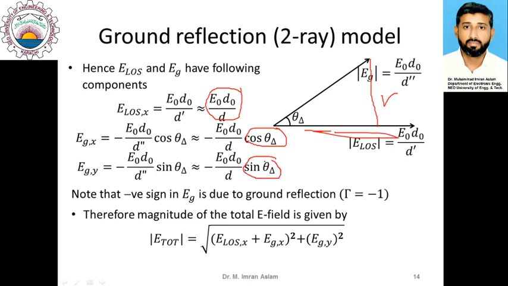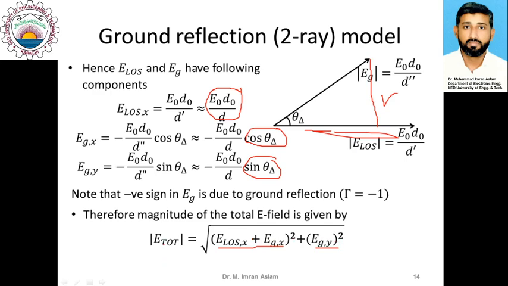So if we want to calculate the total field here, we can simply do that by adding the x components and y components, and the total magnitude is the square root of the x component squared plus the y component squared.